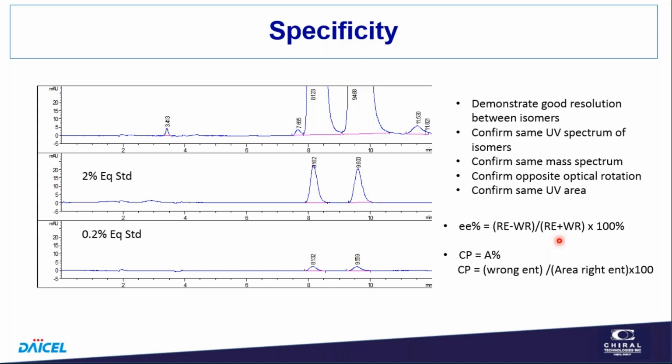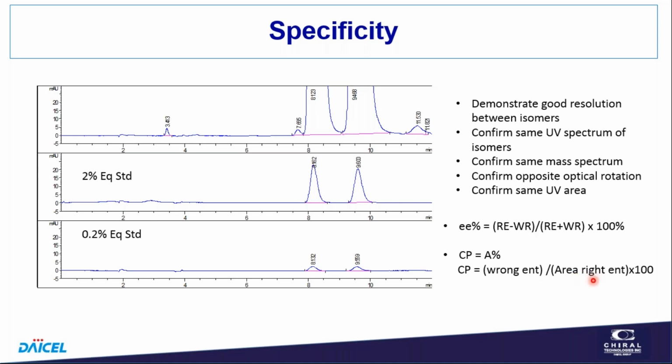But it is archaic, and it is a little confusing. I think a more reasonable way to do it is just measure it as a chiral purity, like you would any other impurity. Just the area or the response of the wrong enantiomer divided by the area of the correct enantiomer.